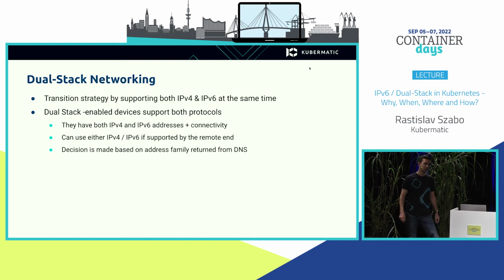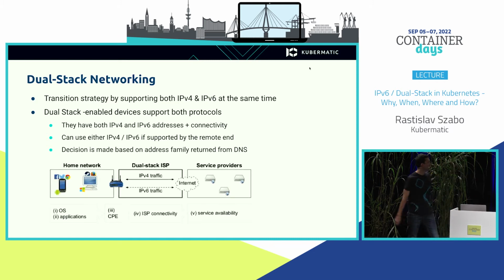If it contained an IPv6 address, I would use IPv6 to connect to that server. If that DNS reply contained both IPv4 and IPv6, which is most often the case in dual stack networks, then it's up to the operating system which one it would choose. Normally, IPv6 would be preferred by most modern operating systems.